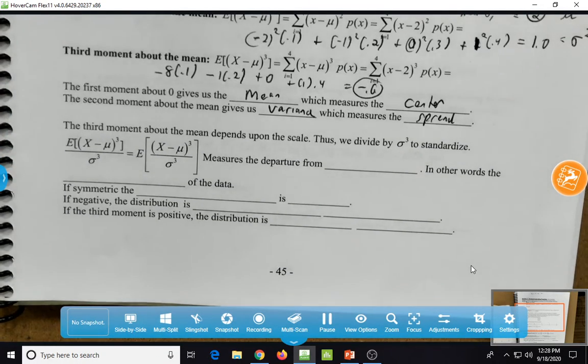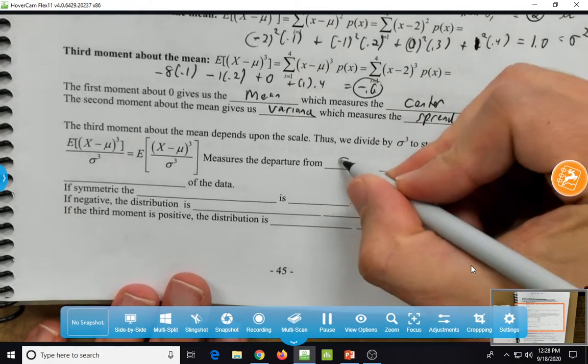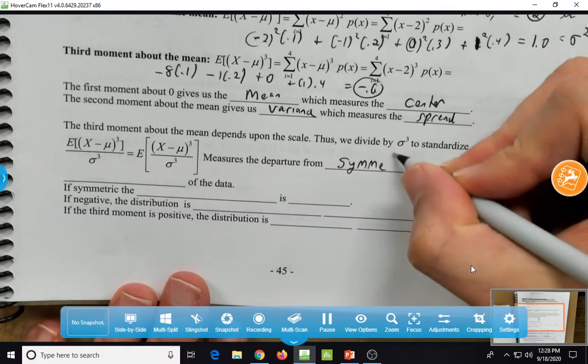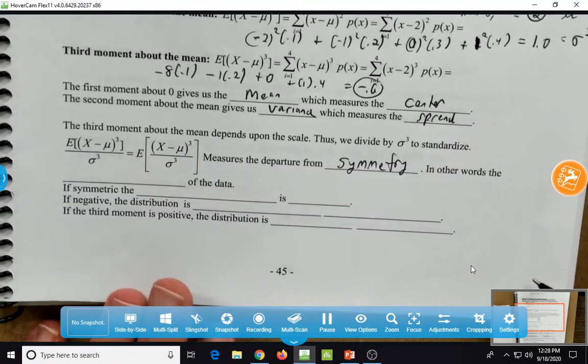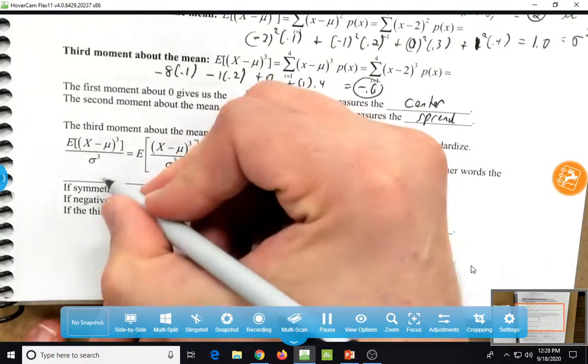In some sense, you're getting rid of the units here. And so this measures the departure from symmetry, in other words, the skewness of the data.